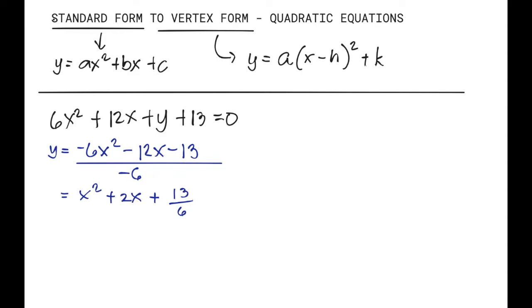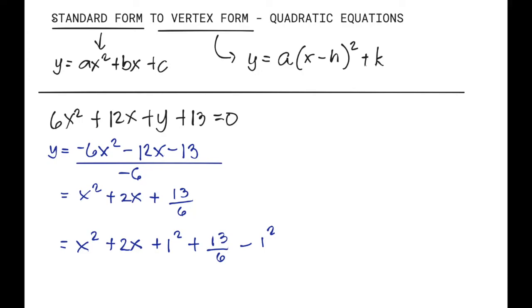Okay, next we are going to write x squared plus 2x and get half of 2. What is 1/2 of 2? That is 1. We're going to add 1 squared, plus our fraction 13 over 6, minus 1 squared.